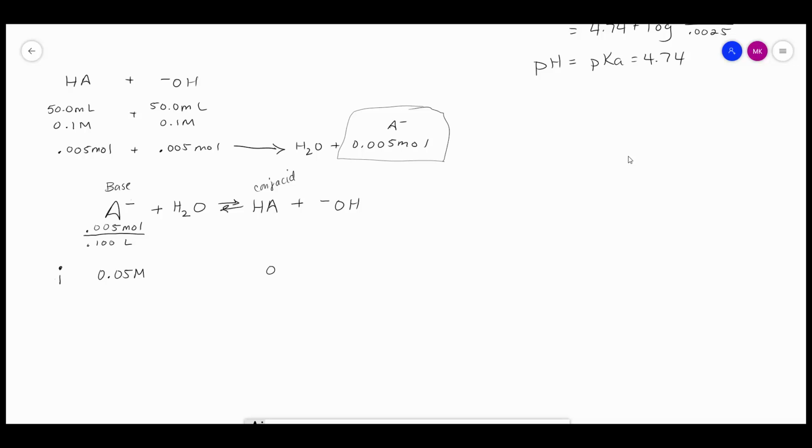And we have no HA and no OH minus, because we stoichiometrically reacted them. So now we need to change this. We're going to take away some of our A minus and make HA and OH. So at equilibrium, we have 0.05 minus X, X, and X.